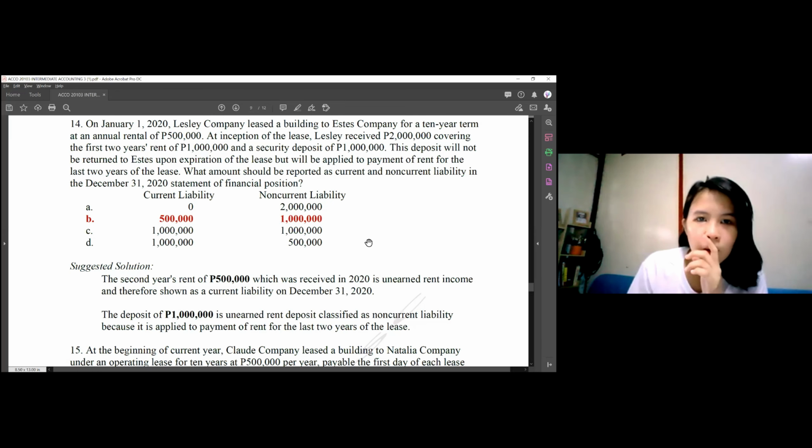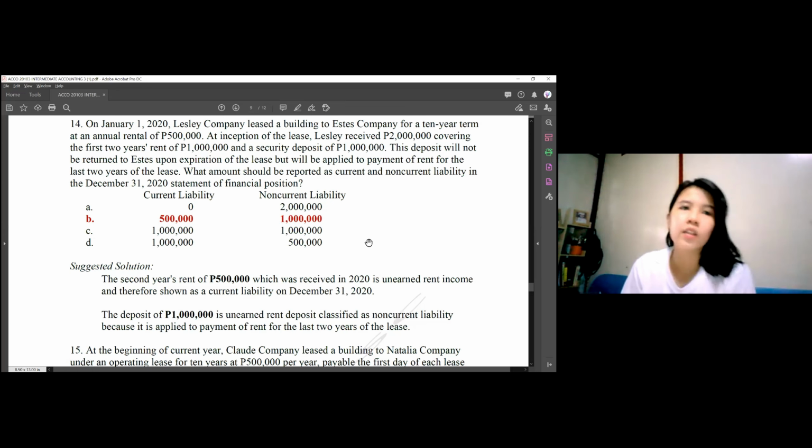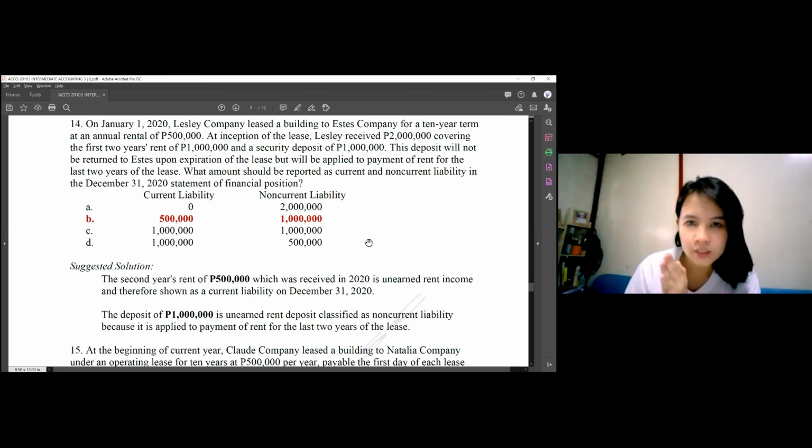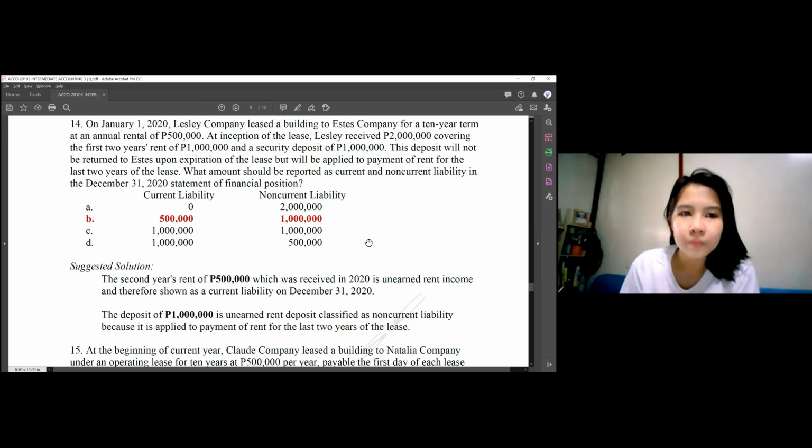So, ang mga cover dapat nito ay yung utang niya nung sa darating na December 31, 2021, yun dapat yung current liability. And yung non-current liability is yung the rest ng utang niya. Okay, got it.